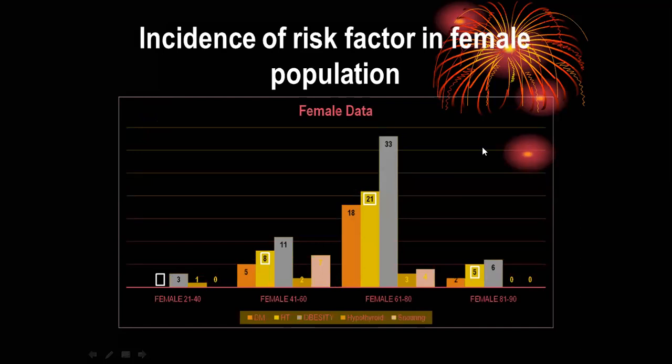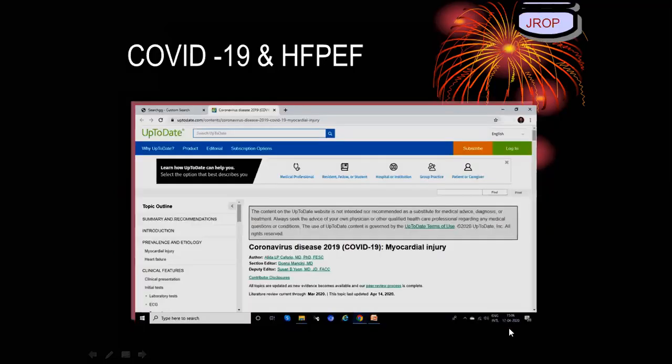Meaning to say, these are very common things in our country, and we need to identify this kind of population in this particular scenario. COVID-19 and heart failure with preserved ejection fraction: this is a paper published in an up-to-date journal talking of heart failure with preserved ejection fraction because of myocardial injury.